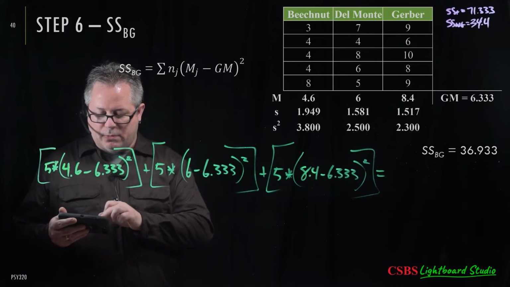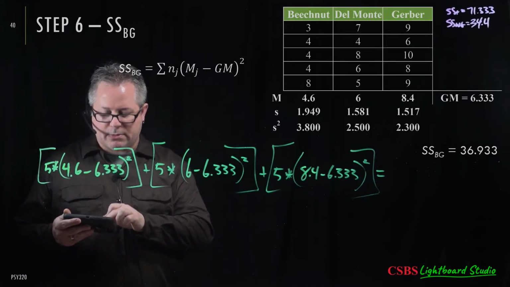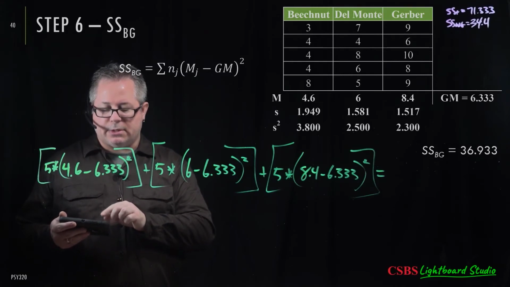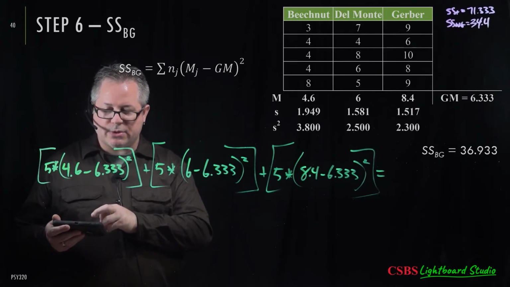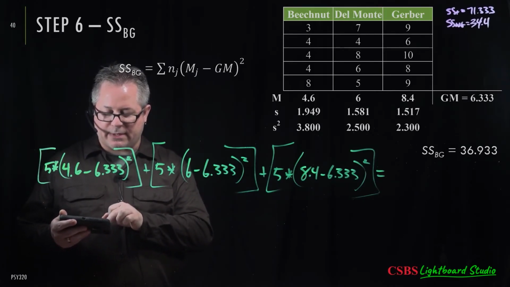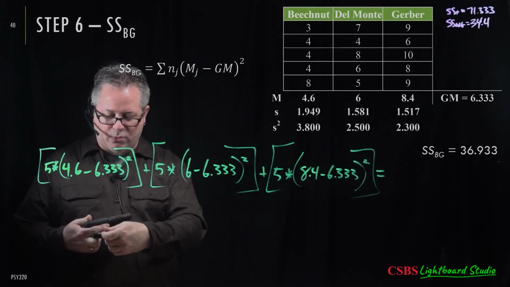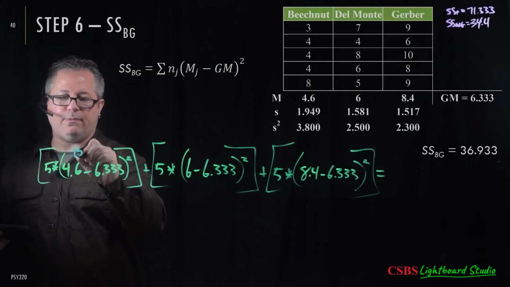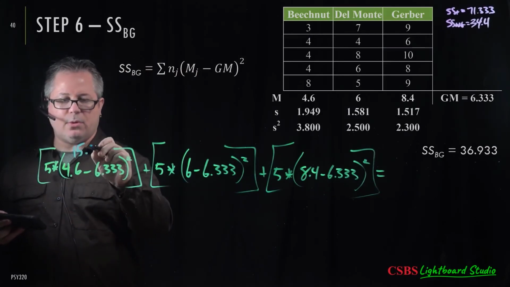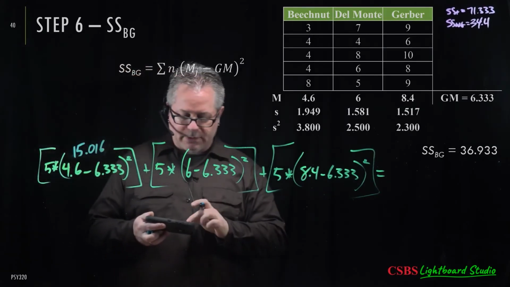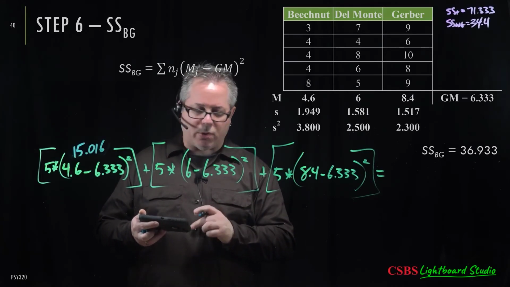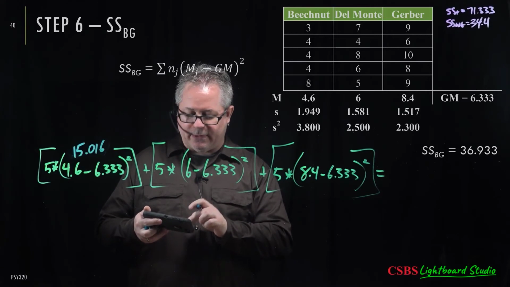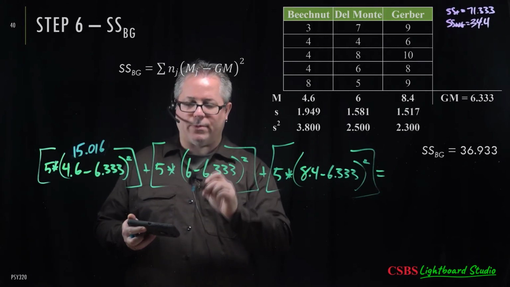Alright, so 4.6 minus 6.333 equals negative 1.733. I'm going to square it. It's 3.003 times 5 equals 15.016. 6 minus 6.333 equals negative 0.333 squared is 0.111 times 5 equals 0.554.